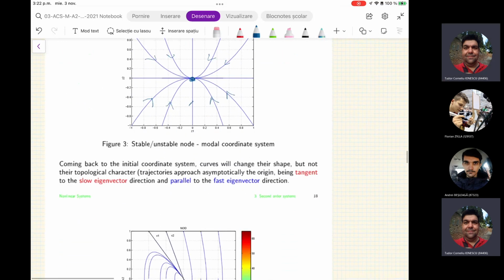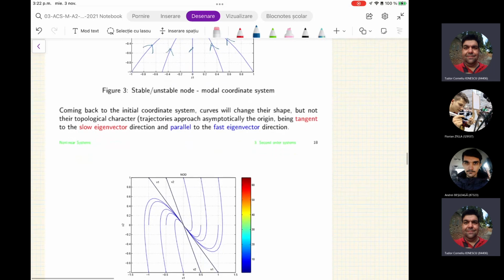Now, of course, if you go back to your original system, x dot is Ax, then the eigenvectors become skewed, because this is the canonical reference, and this is not canonical. This is the original, and this is a stable node.